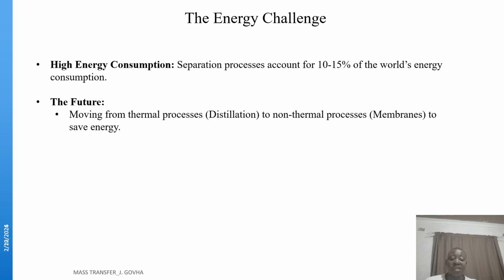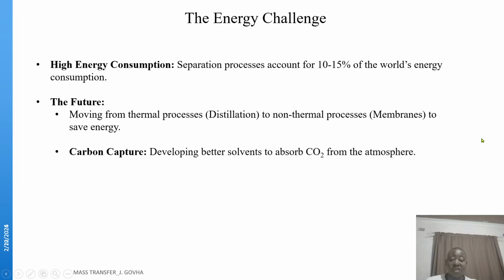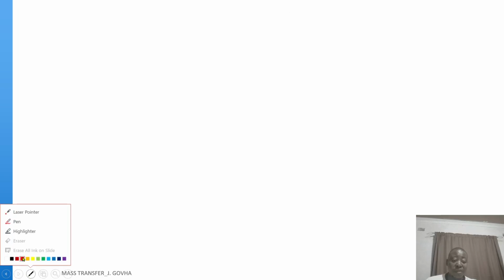We need to move from thermal processes, such as distillation, which is the most common separation process employed by the industry.